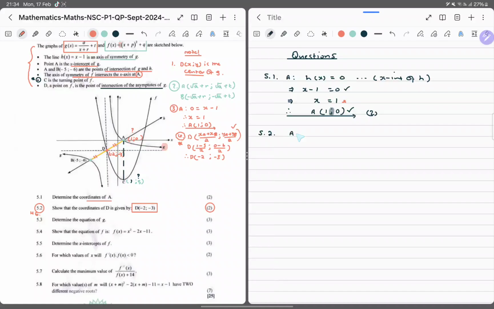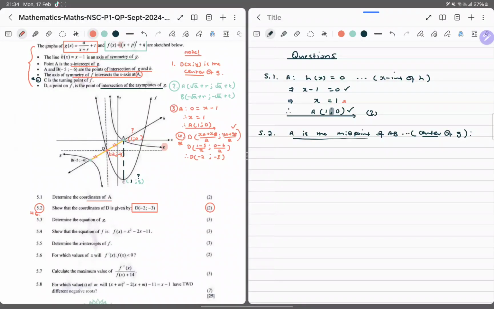We know that D is the midpoint of AB. Why? It is the center of G. This is the center of the graph of G. So if we know that this is the center, we've justified this.